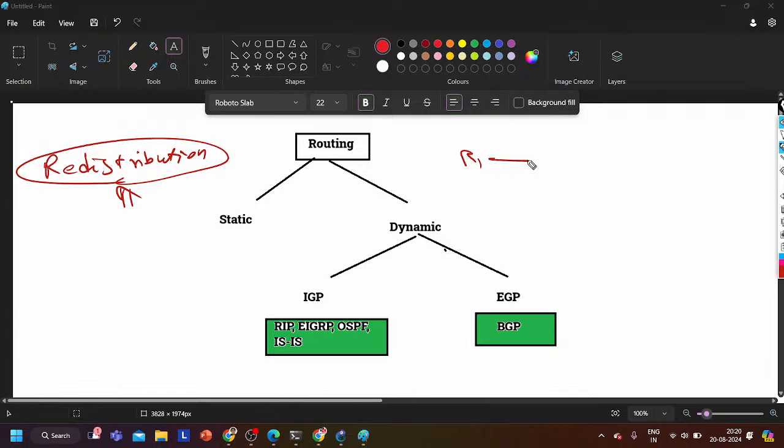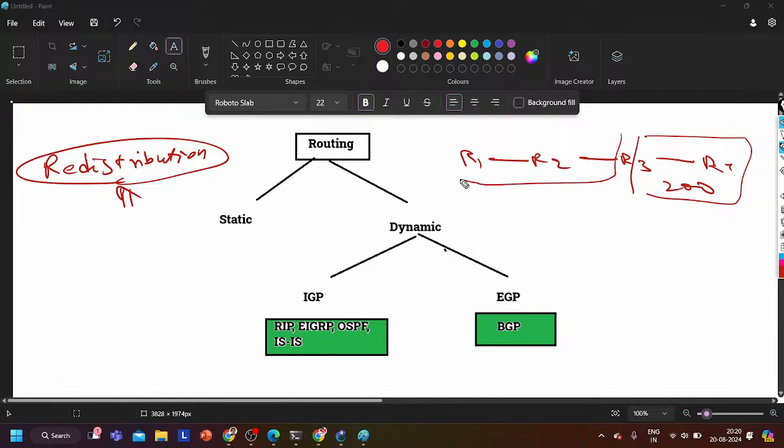Disadvantage of redistribution. Let's suppose I have router 1, router 2, router 3, and router 4. These are different organizations. Let's say here I am running AS number 200 and here AS number 100. To make communication possible between AS 100 and AS 200, we need to perform redistribution on router 3.